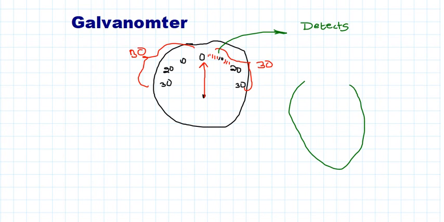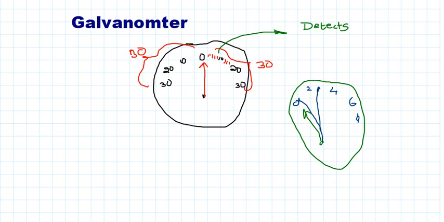In an ammeter we have a pointer and numbers starting from 0, let us say 2, 4, 6, 8, like that. Here you can easily read it. If it is coming somewhere here, it is 3. If it is coming here, it is 0.2.